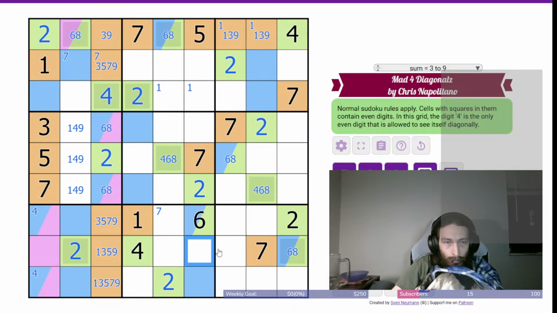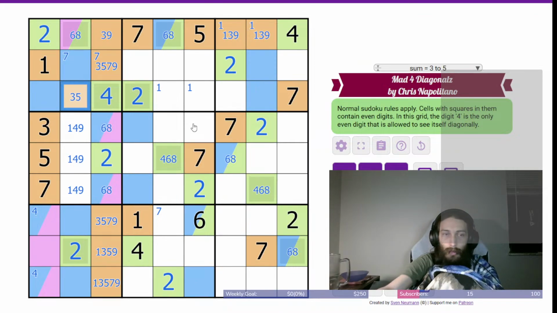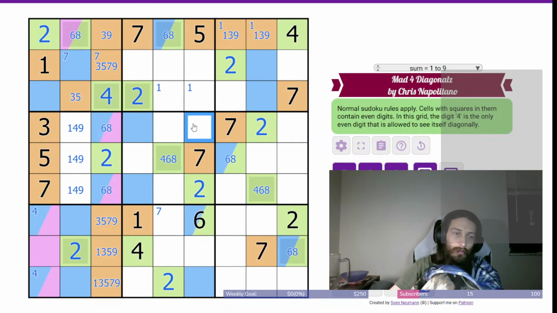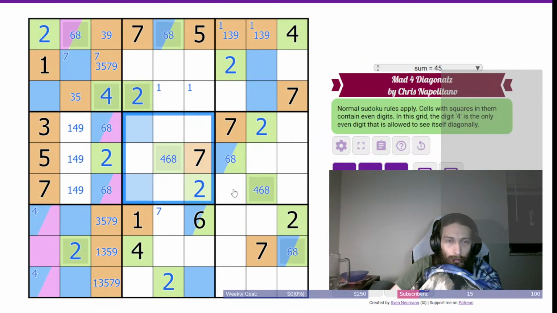Well, okay. In box 1, the one that's white is odd. Oh, can't be 9. Where's purple in here? I think it's just ruled out of those two, and obviously not 2 or 7.